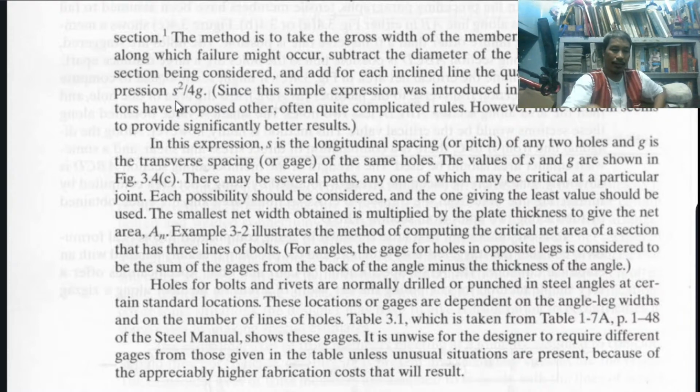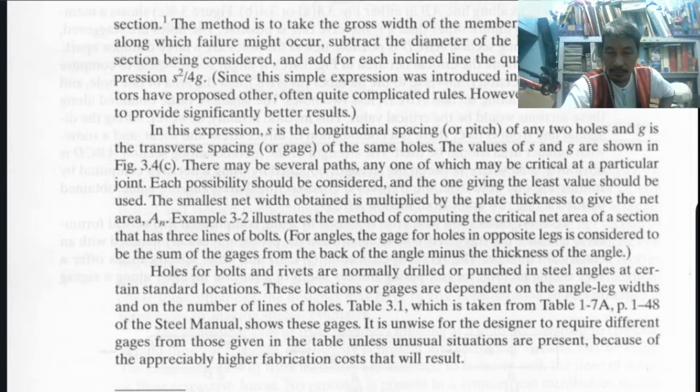Do we follow? Let us find an example. Remember that formula for staggered holes in finding the path. If we are successful in finding the critical path, just multiply by thickness. That is the cross-sectional area.